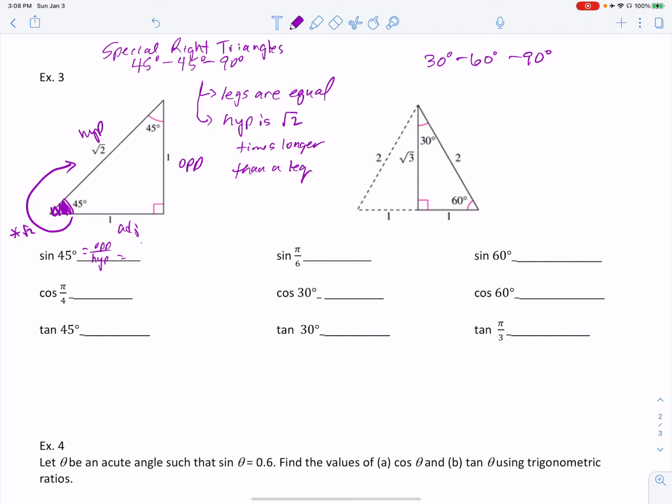And so it's going to be 1 over √2. So sine of 45 degrees is 1 over √2, but we don't leave it with a radical in the denominator, so we rationalize by multiplying by √2 over √2, and you get √2 over 2. So we want the exact value. Sine of 45 degrees never changes. The sine of 45 degrees is √2 over 2, and you want to know that.